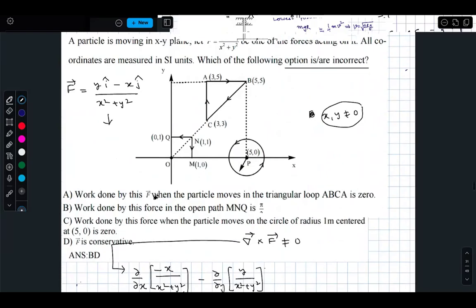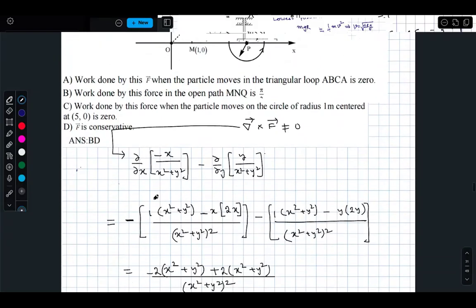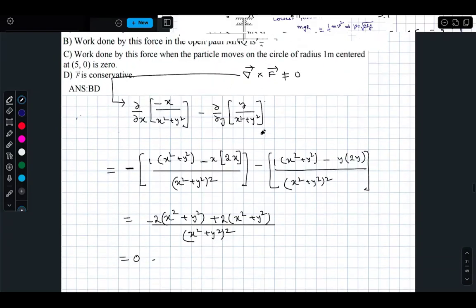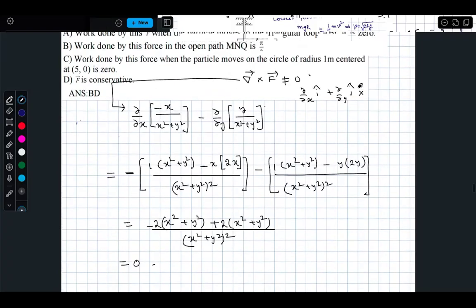When we are doing del cross F, dou by dou x of this, minus, just please confirm whether my calculation part is right or not. Dou by dou x i cap plus dou by dou y j cap cross F. So the i cap term is positive.